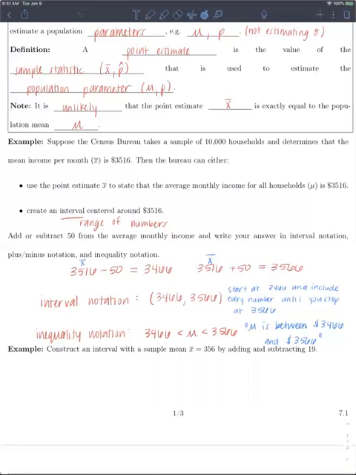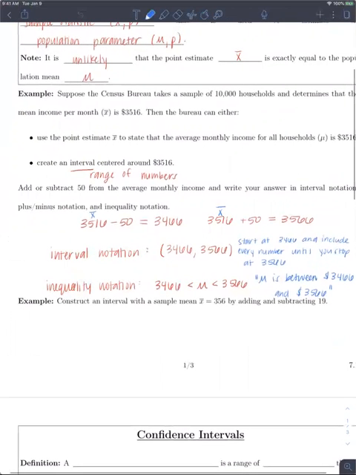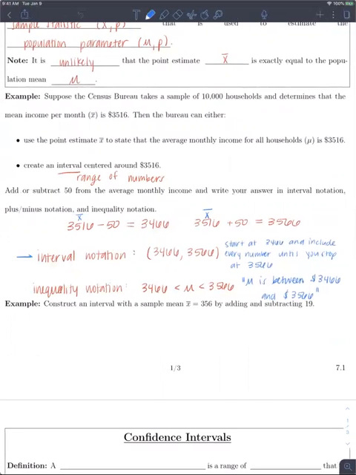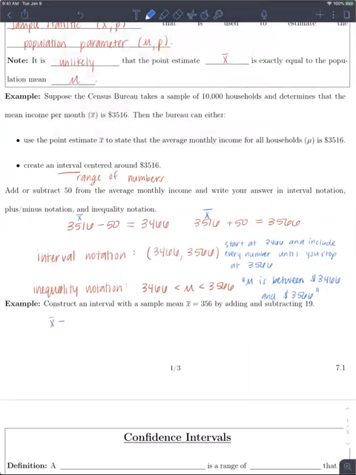And so let's do this one. Construct an interval with the sample mean x bar equals 356 by adding and subtracting 19. And I want you guys to write it in this interval notation and this inequality notation. All right, so first we have to figure out x bar minus 19, and x bar plus 19.